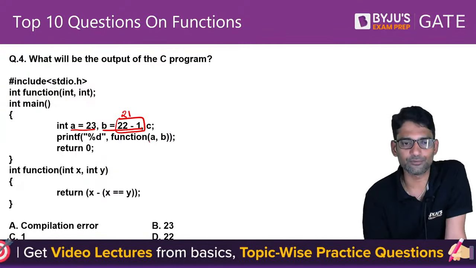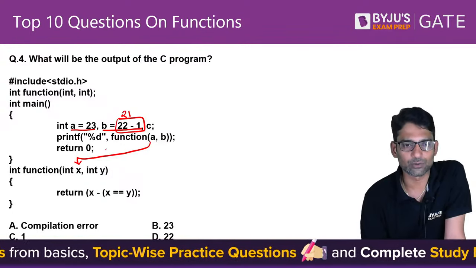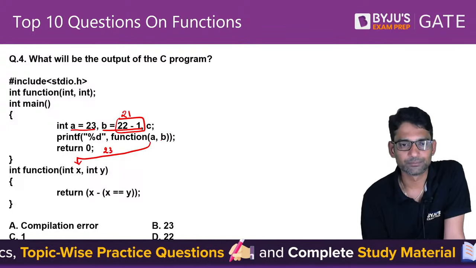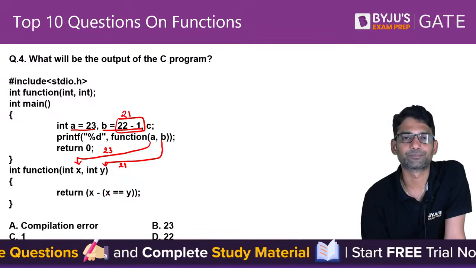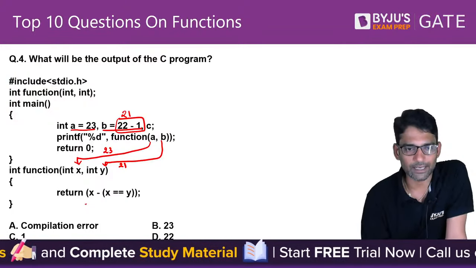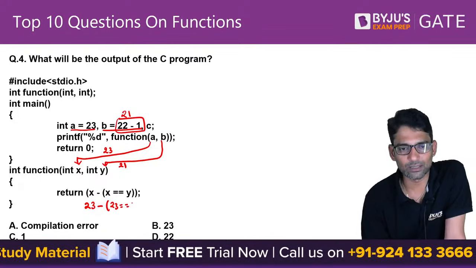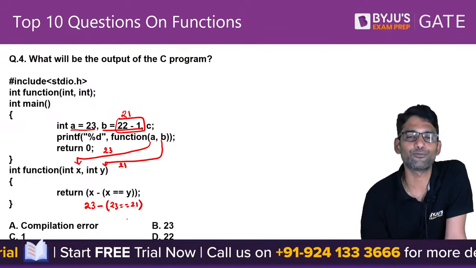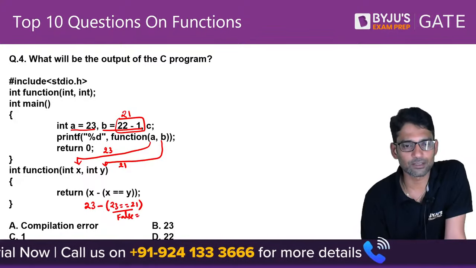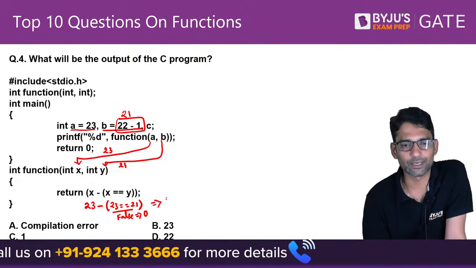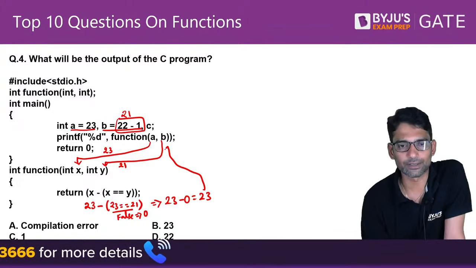Now function of A comma B. So A value that is 23 is passed here, B value that is 21 is passed here. So return x, 23 minus 23 equal to 21, true or false? False. False means 0. So return 23 minus 0, 23 got returned.